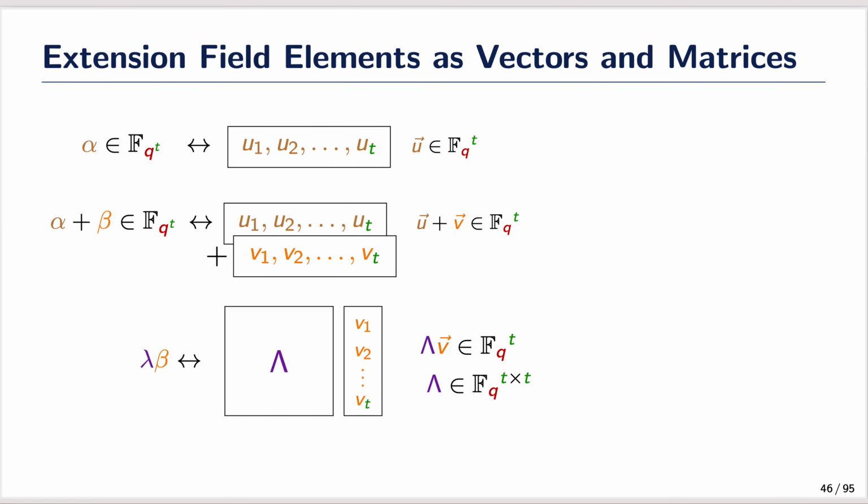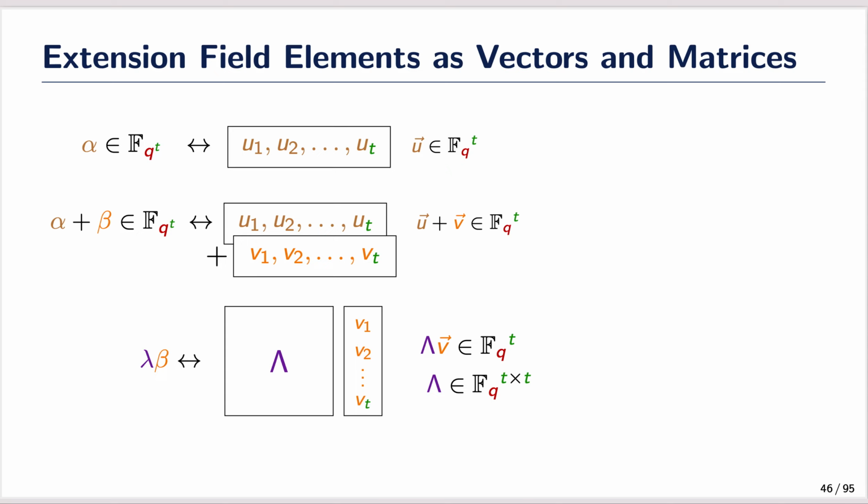And we can also make multiplication work really nicely. And the way we do that is, let's say that we want to compute lambda times beta, where lambda and beta are in the big field, F_q^t. We can do that by finding some big capital Lambda that's a t by t matrix with entries in F_q, such that when we multiply that big matrix by the vector that encodes beta, which here is v, then what we get out will be the vector that represents lambda times beta.